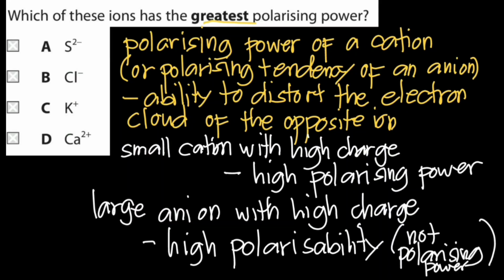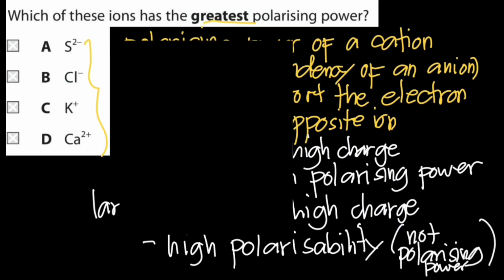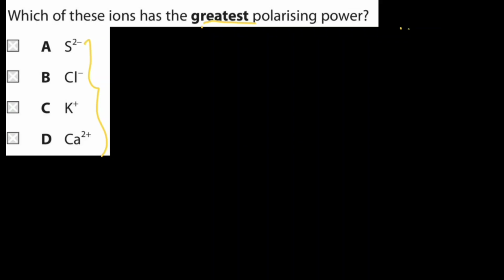Now let's evaluate each of the ions given here in the choices. The first one, we have sulfide. This is an anion. Therefore, it doesn't have polarizing power.